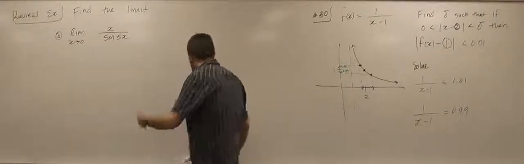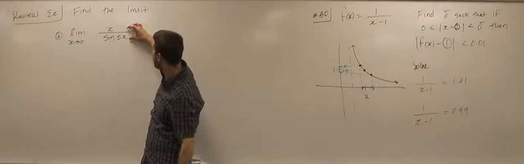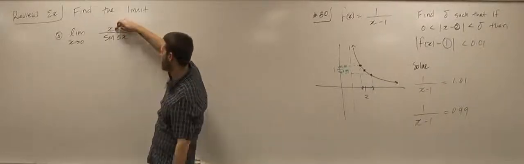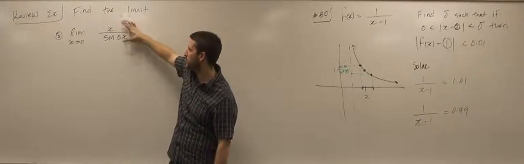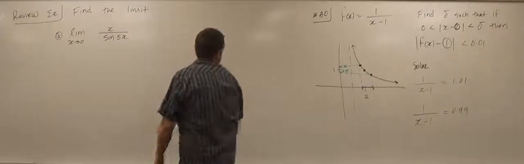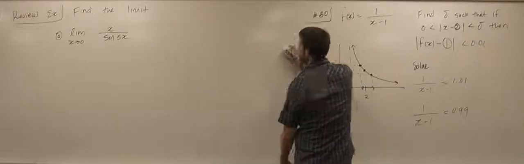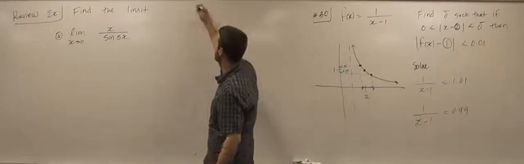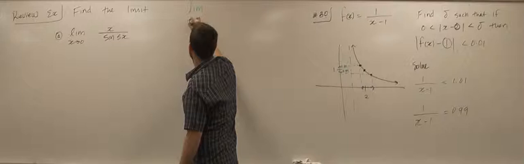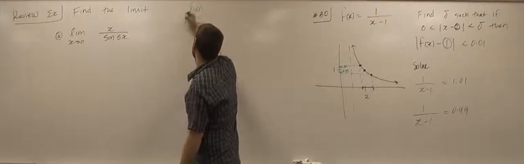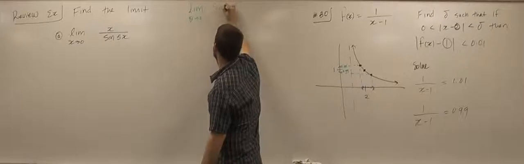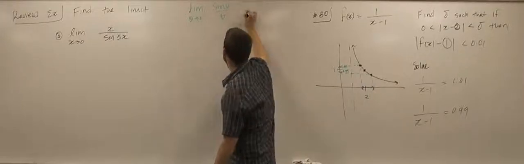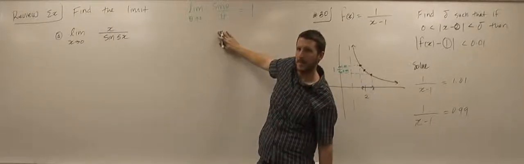Remember these limits of this form. If you plug in x, you get 0 over 0. So that isn't going to get you anywhere. What you need to do is refer to those two identities. The limit as theta goes to 0 of sine theta over theta is equal to 1.